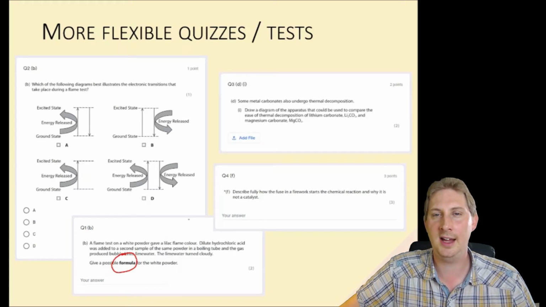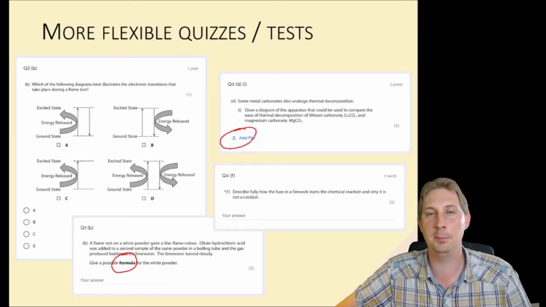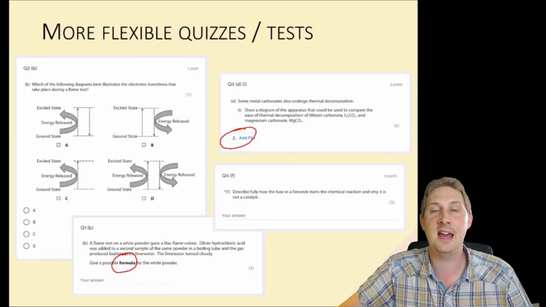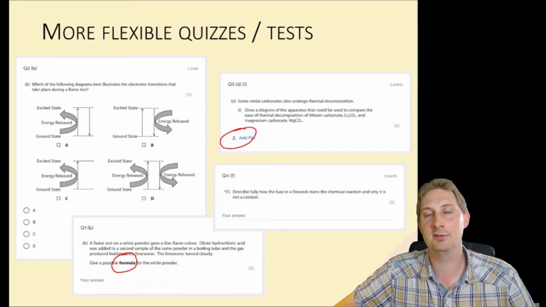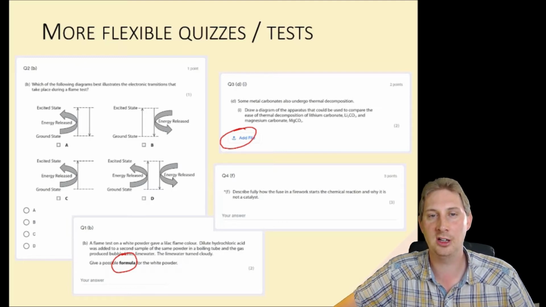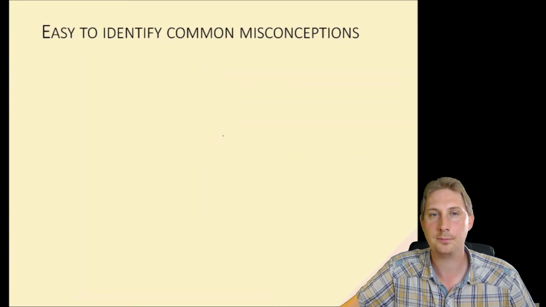And you can have questions where the students actually have to upload a sample of their work, and these can all be together in the same quiz, allowing far more flexibility and far more realistic representation of what an actual test paper might look like if you want to do that.